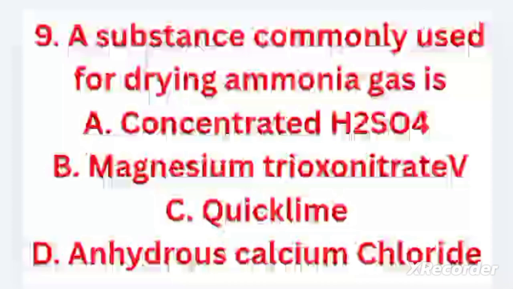So we use acidic drying agents to dry acidic gases, and we use basic drying agents to dry basic gases. Basic gases like ammonia can be dried with anhydrous calcium chloride. So our answer is D, which is correct.